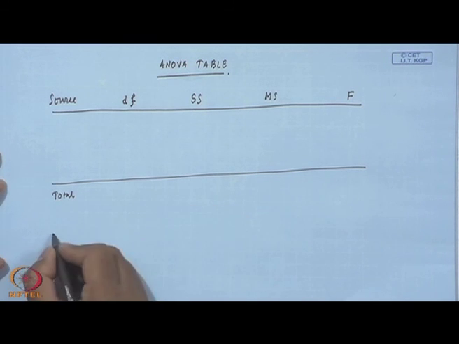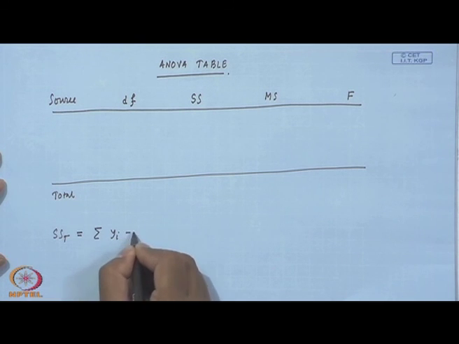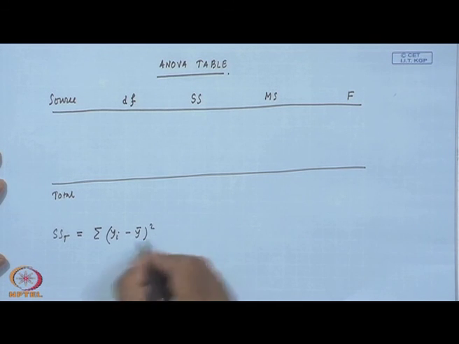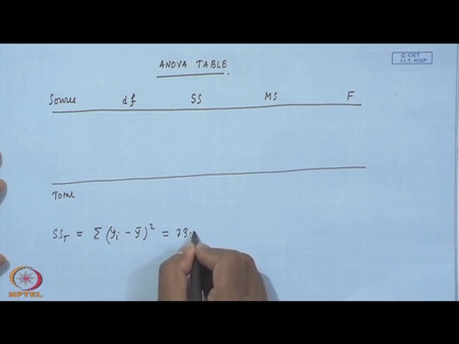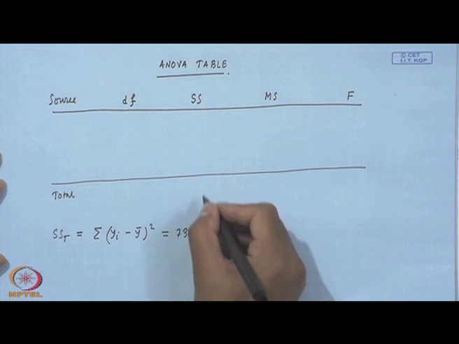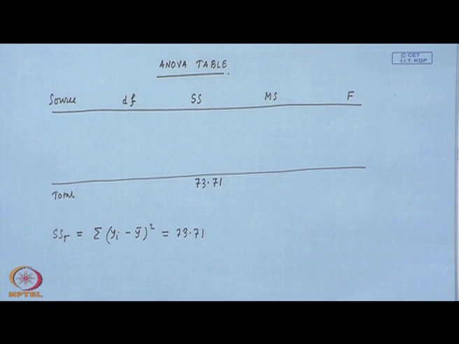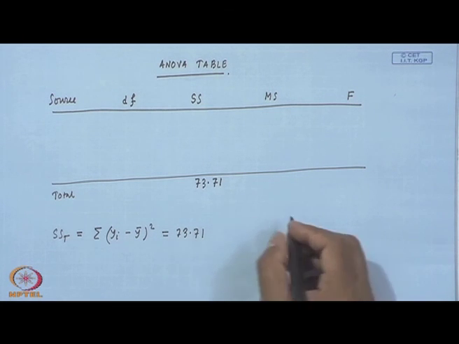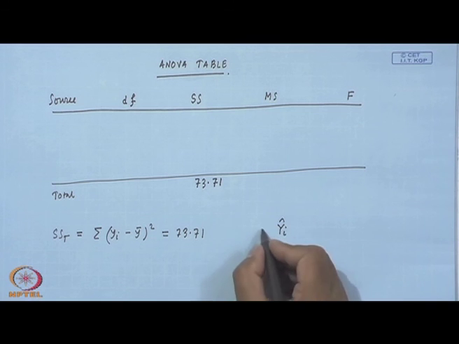Okay. So, what is SS total? SST is equal to summation yi minus y bar square, and you know the yi values. You can check that this is equal to 73.71. So, my SS total is 73.71. Okay. And we know y hat i values, and then we know the original observed values also.